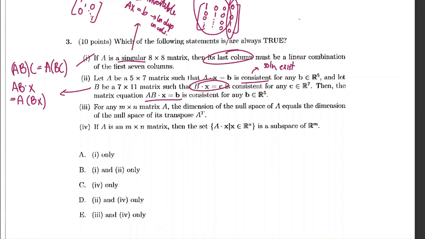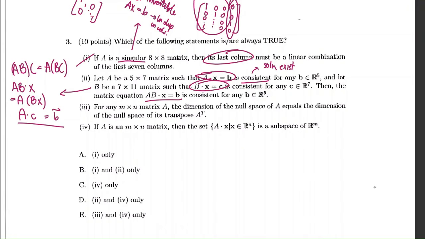And we know that BX equals C is consistent for all C. So this means that we have A times C, and we know that A times C is consistent for any B in R to the 5, and so this means that overall this system will be consistent for all B in R to the 5.